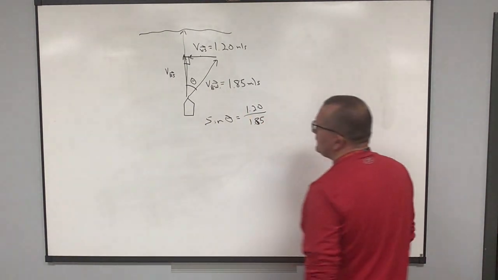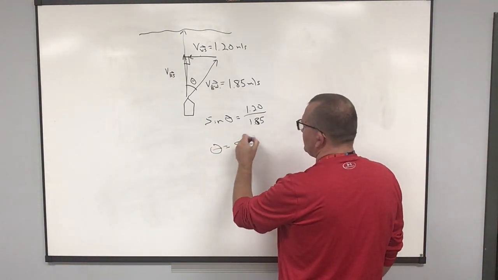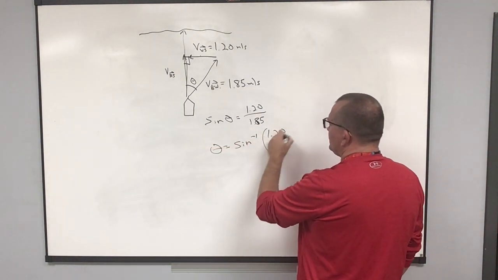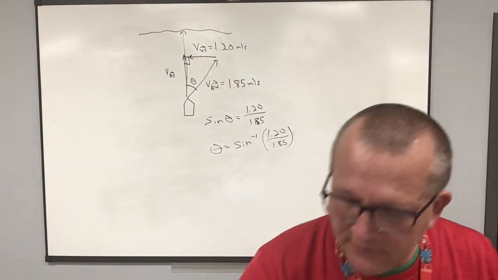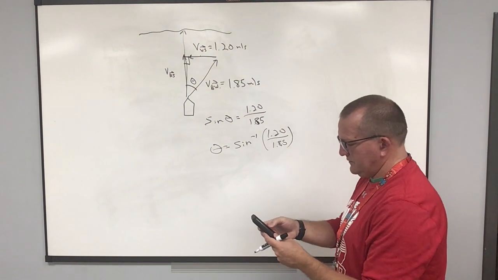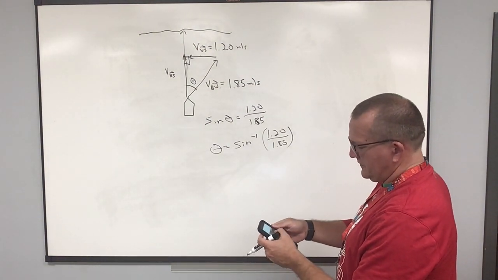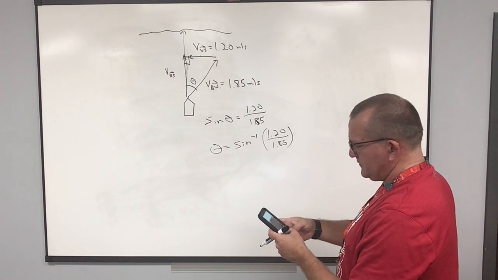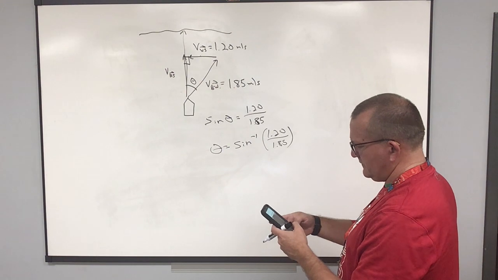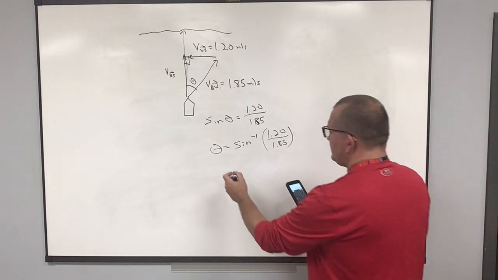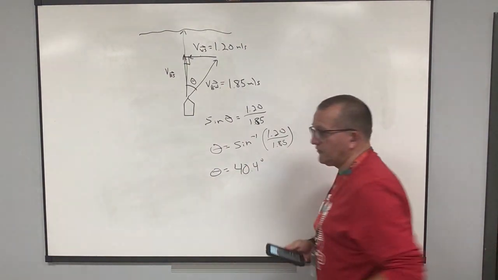Our theta is going to be the inverse sine of 1.2 over 1.85. Make sure you're in degrees, and you get an angle of 40.4 degrees.